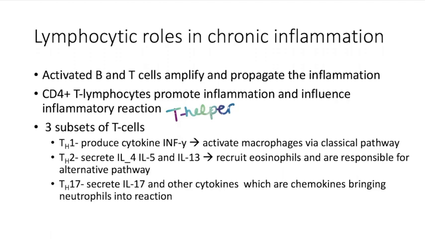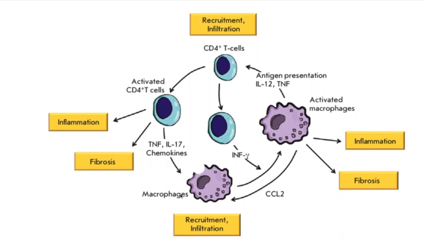And hopefully after we go through both innate and adaptive immunity, it will all make a little bit more sense. So here is what it looks like with the CD4 plus T helper cells. If we get these activated CD4 T cells, there's tumor necrosis factor, interleukin 17, chemokines, we get macrophages. They kind of all interplay off of each other to activate macrophages, bring T lymphocytes to the party, and get that defense going.